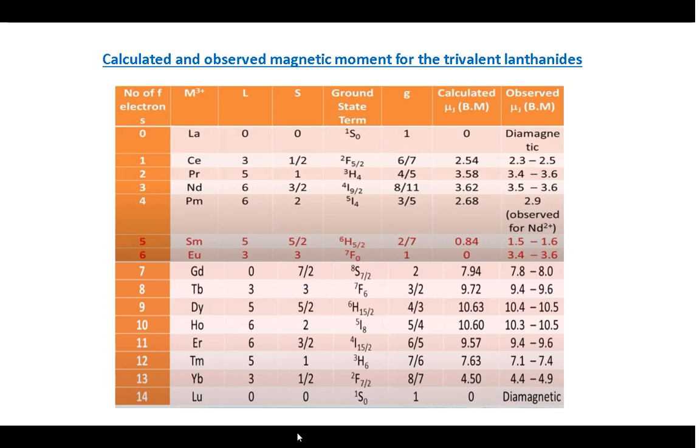The magnitude of separation between the adjacent states of a term indicates the strength of the spin-orbit coupling, and in all cases except Sm3+ and Eu3+, it is sufficient to render the first excited state of Ln3+ thermally inaccessible, and so the magnetic properties are determined only by their ground state.